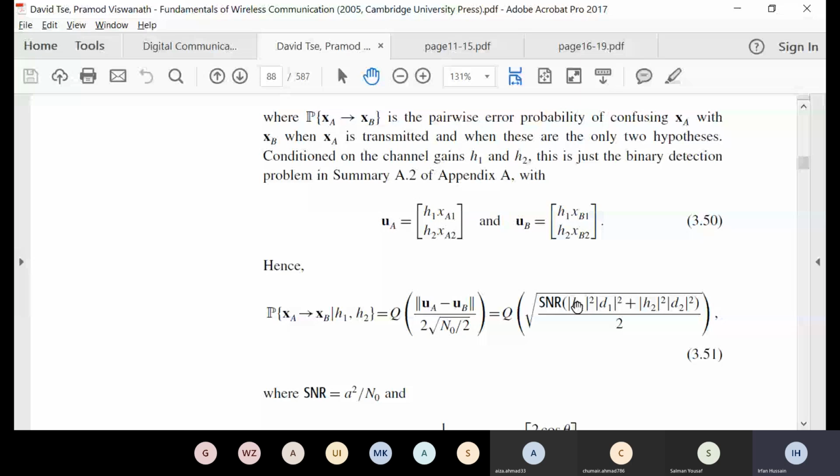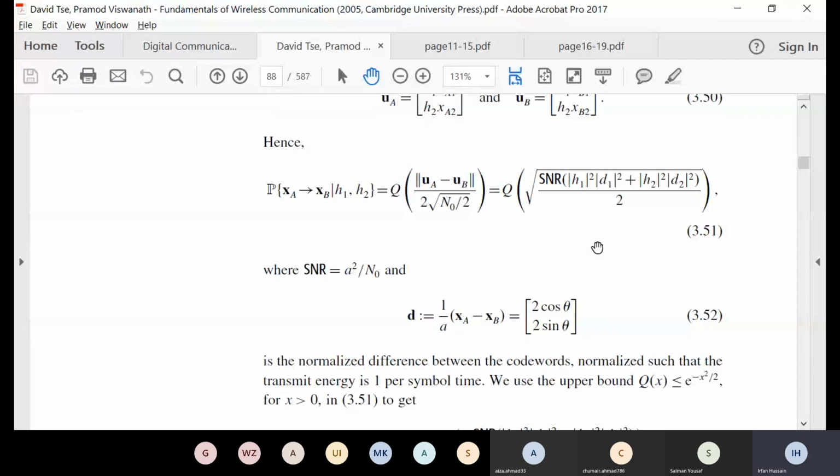It is actually square 2, but it comes out to be 4 because you have this 2 here. So whatever the thing with |H1|² SNR d1² divided by 2 to 4, it finally comes here as 1 over d⁴ for Rayleigh, as we have seen.